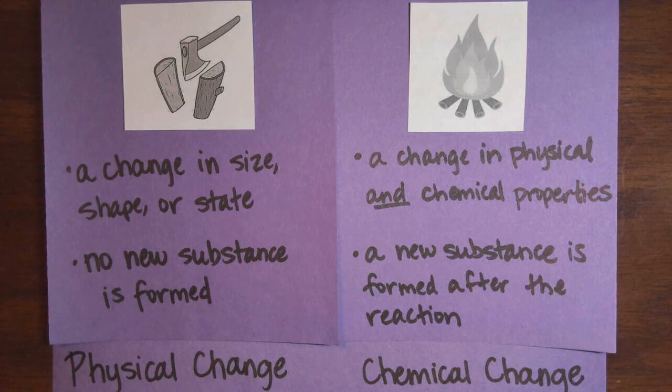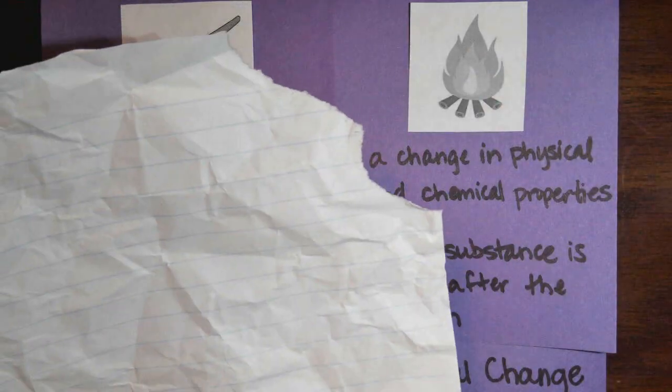Okay. If we go back to our piece of paper, earlier we took the piece of paper, we tore off the side, we said that was a physical change. Technically I could put it back and both pieces were still paper. If I burn the paper, the property that we're looking at is flammability.